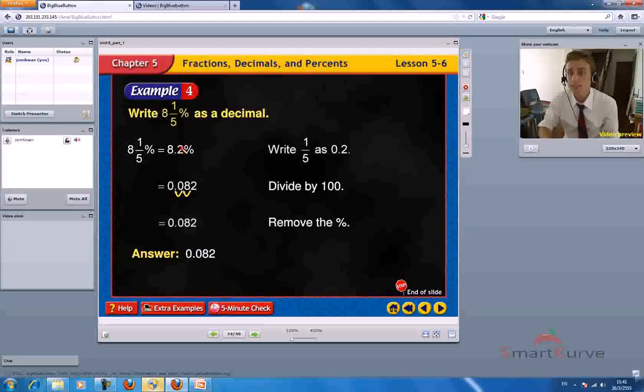Write 95.3% as a decimal. When you divide by 100, move the decimal point 2 places, remove the percent sign, 0.953. Write 38% as a decimal, 0.38.